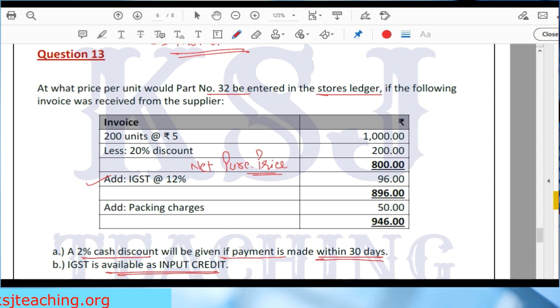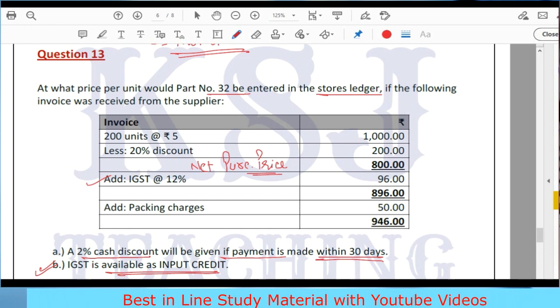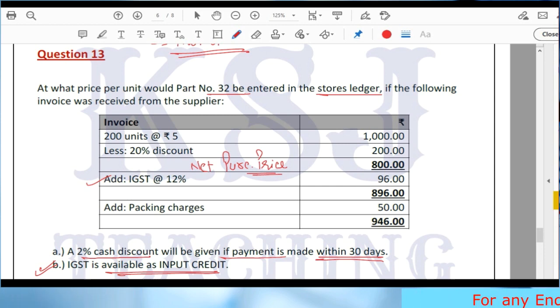Because it is given in point B here that IGST is available as input credit. That means if we are paying 96 to the supplier, we'll be taking 96 rupees from the government back into our pocket. In one pocket it is flowing out, on the other hand it is coming in, so the net effect will be 0.